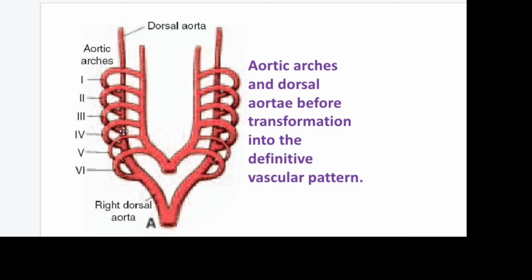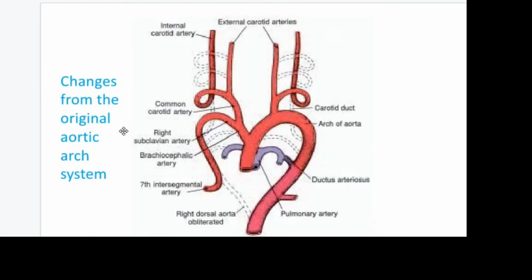This is how the arterial system develops. Slowly and gradually the arches degenerate. The first and second have degenerated and they give rise to the maxillary and the stapedial arteries. The third gives rise to the common carotid, the internal carotid and the external carotid. The fourth gives rise to the subclavian and the arch of aorta on the left side.